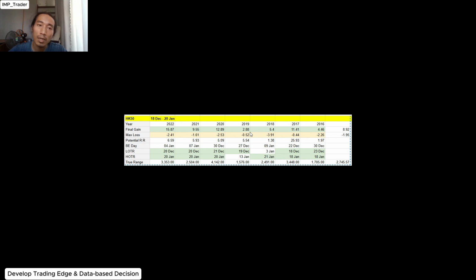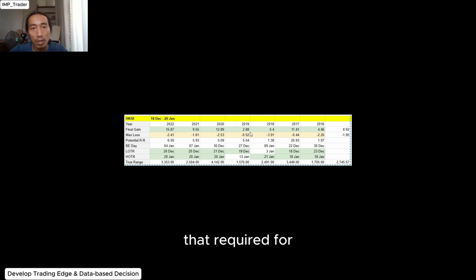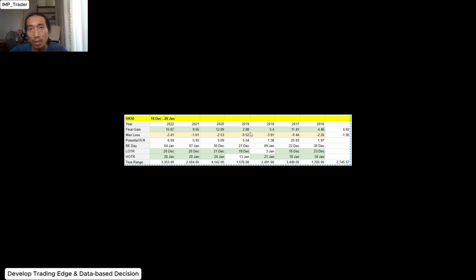It's not simple like, is it 90% gonna buy? Is it 80% gonna sell? I'm not even talking about the difference in terms of risk management required for different personalities or different kinds of strategy or market environment.